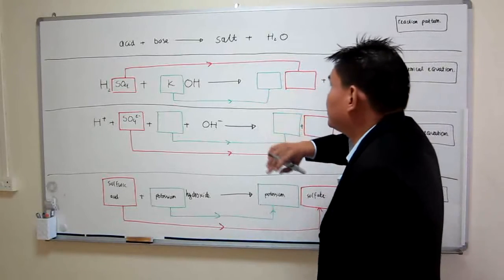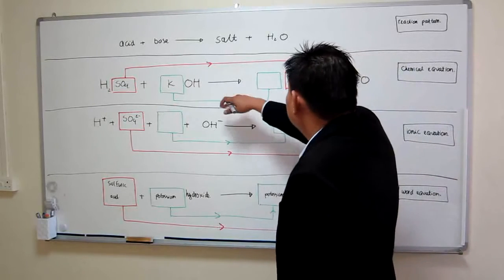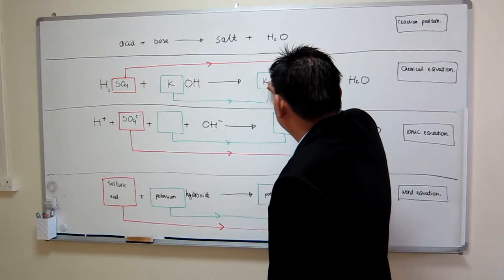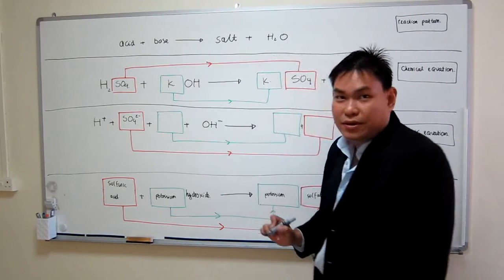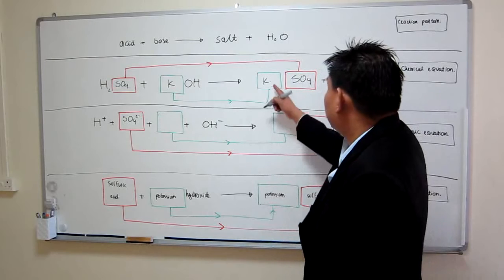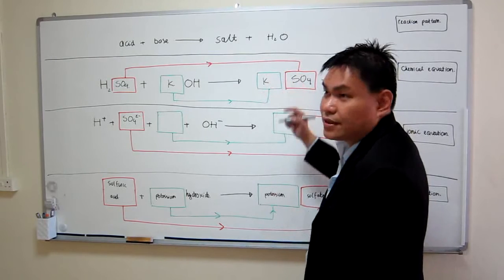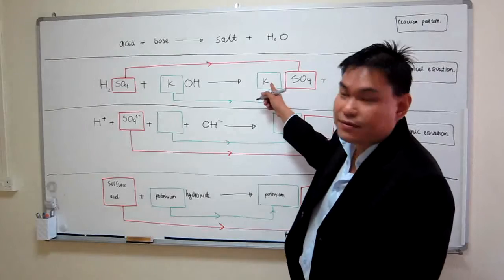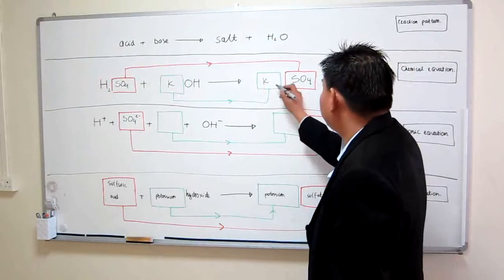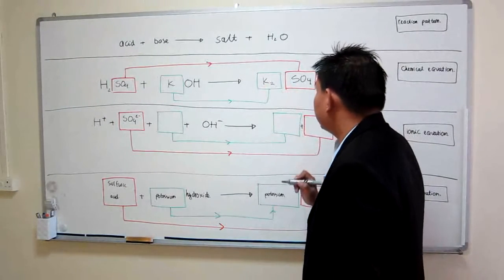Then the chemical equation, water is of course produced. The salt produced, if we follow the pattern here, is KSO4, which is wrong because the charge here is not balanced. Because the charge of K is plus 1, SO4 is 2 minus, so you should write it down as K2SO4.